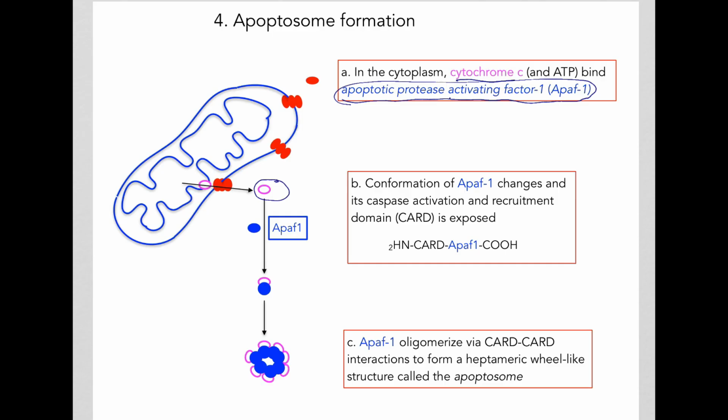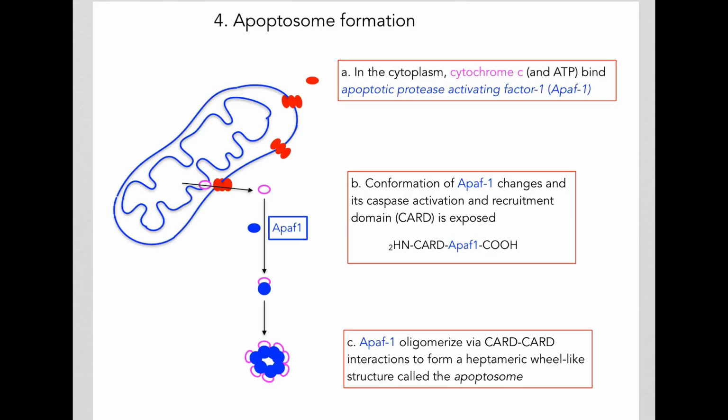This binding of cytochrome C to APAF1 will change the conformation of APAF1, and that results in the exposure of a domain in this protein called the caspase activation and recruitment domain, or CARD. We talked about this CARD domain in a previous video on caspases. So if you look at the APAF1 protein, you can see it has a CARD domain that now becomes exposed.